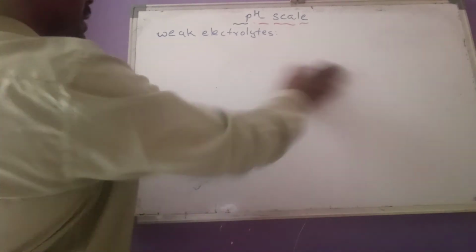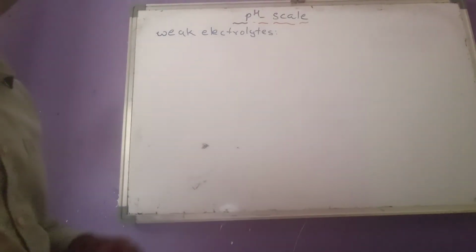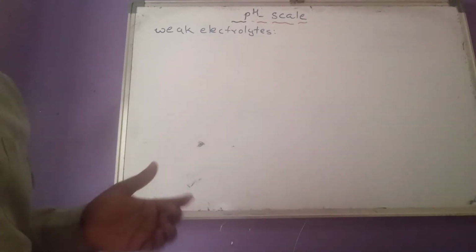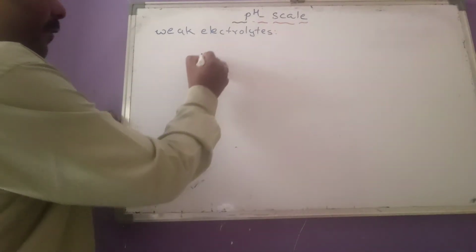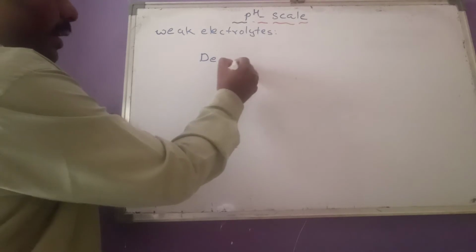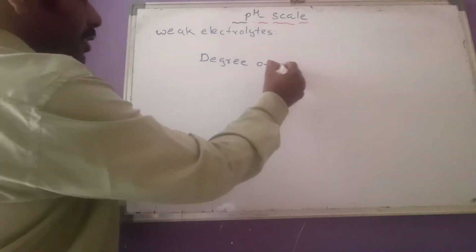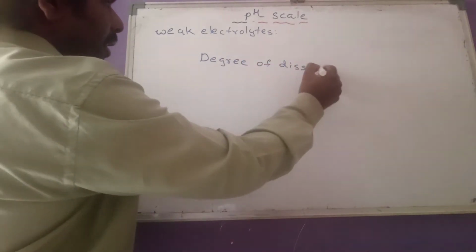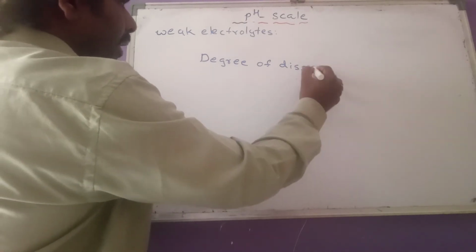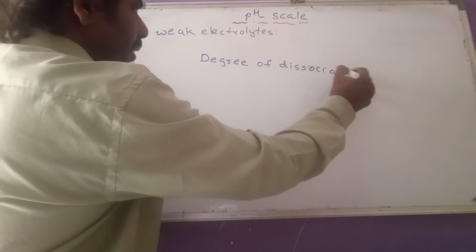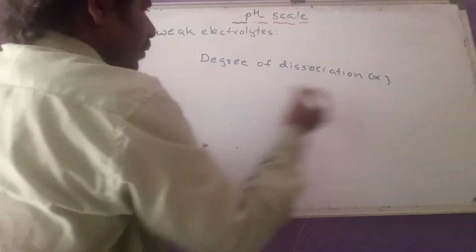First, weak electrolytes undergo partial dissociation, and that is indicated with a term called degree of dissociation. Let us first learn about the degree of dissociation, indicated with alpha.